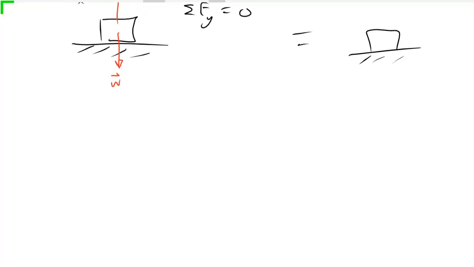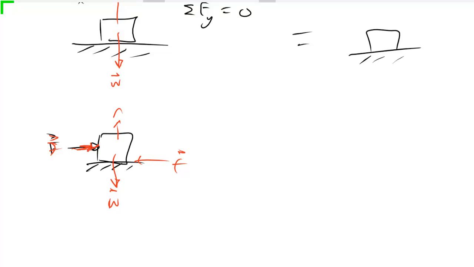Same thing if I had a box here, sitting on a surface. Somebody's pushing on it off to the right. There's that F there. There's a weight like this, a normal force like this, and a frictional force, so it's back like that. Same thing is true this way.